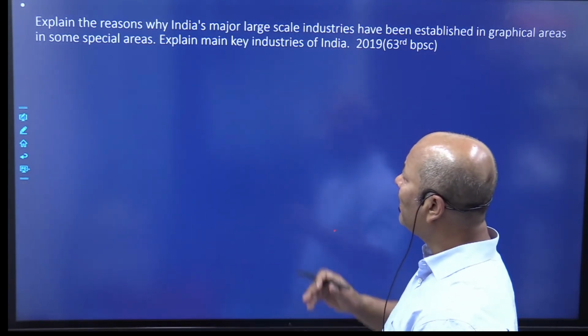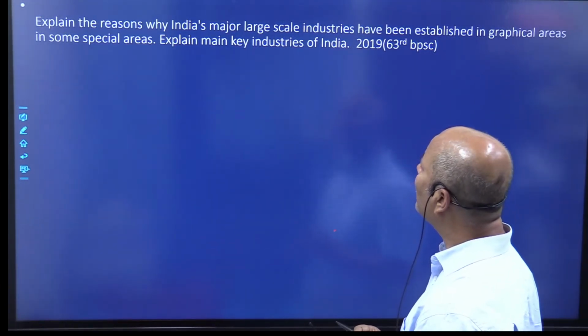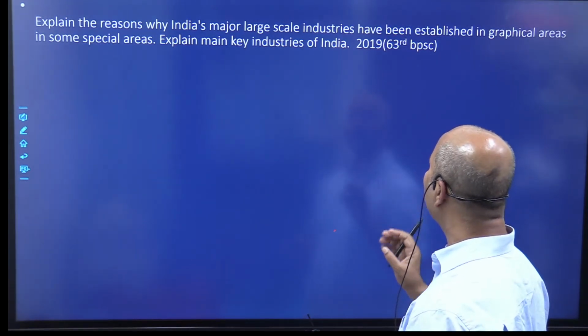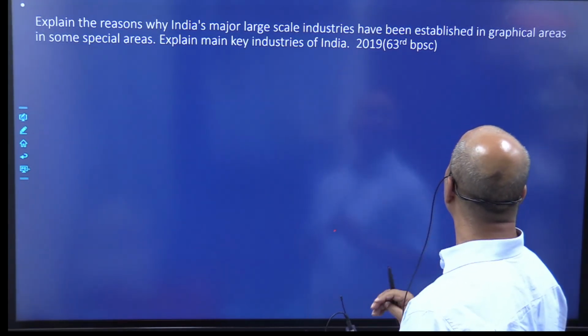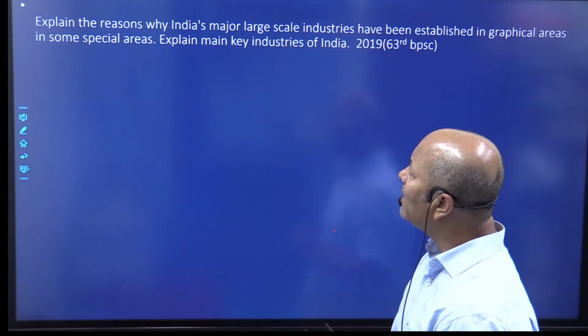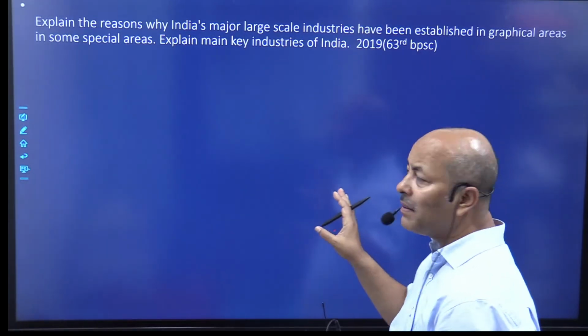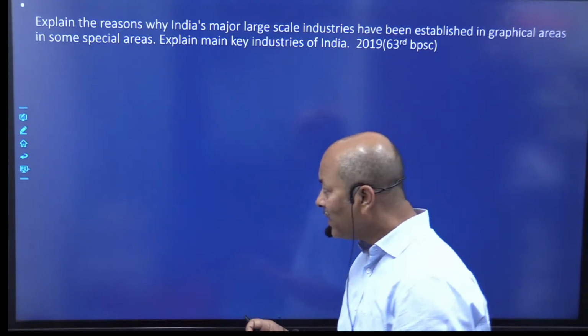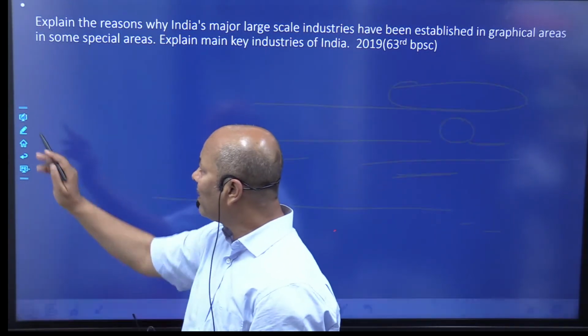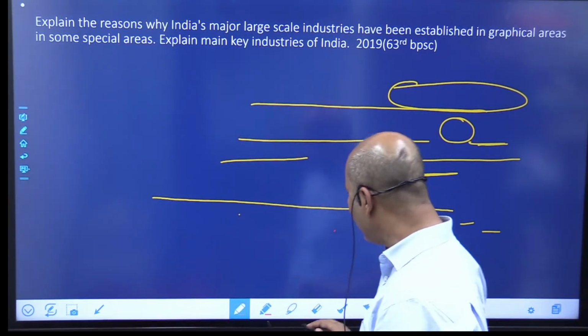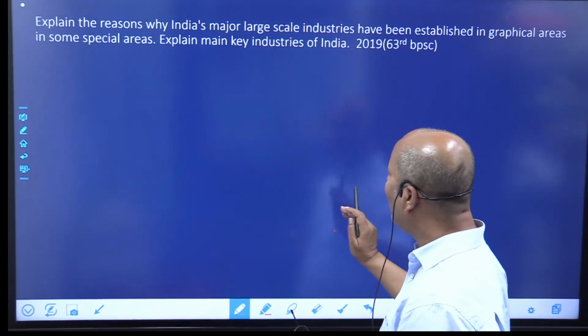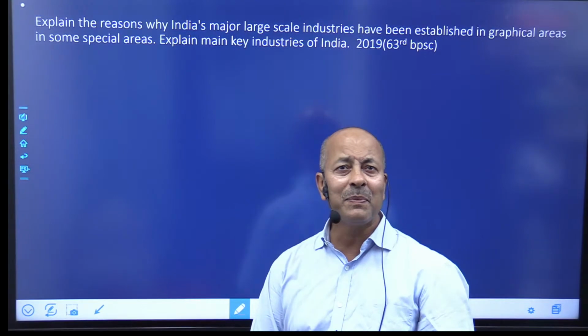So see the question: explain the reasons why India's major large-scale industries have been established in some geographical areas. Explain key industries of India in reference. Try to understand. They have asked about all the major key industries of India and their location in some specific areas.